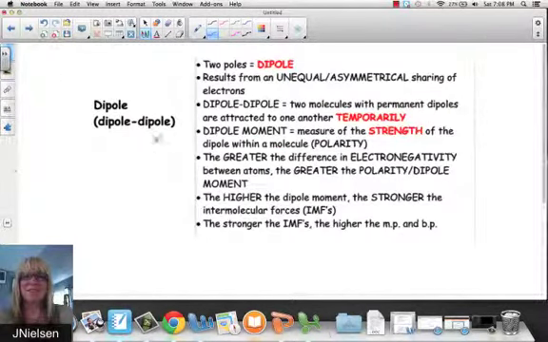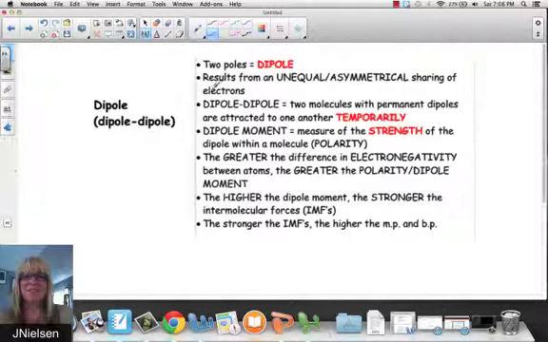The next type of force is dipole-dipole, and dipole means two poles, and that's because we have two different elements, one with a higher electronegativity than the other. The one with the higher electronegativity gets the partial negative charge. The one with the lower electronegativity gets the partial positive charge.